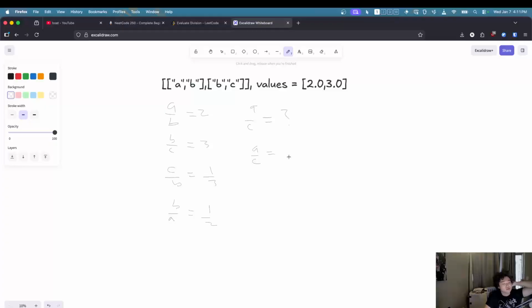That's basically saying C over B times B over A, which is equal to 1/3 times 1/2.